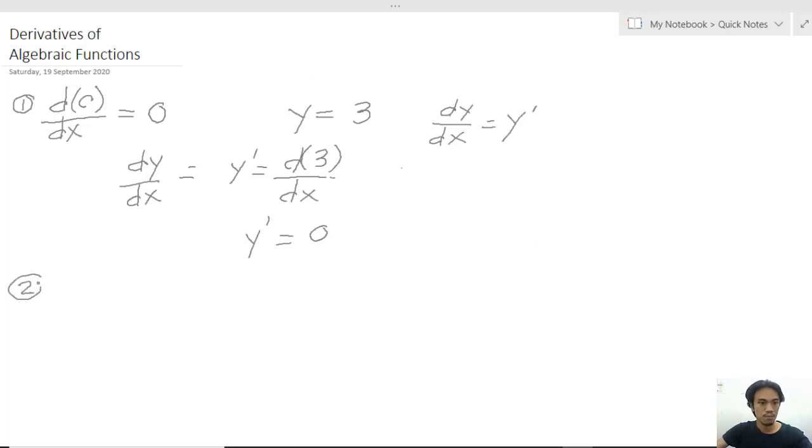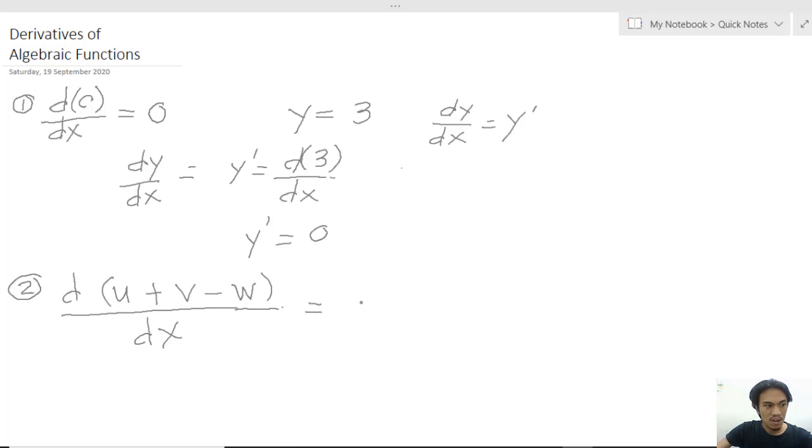Number 2, the derivative of u plus v minus w with respect to x. Take note that u, v, and w here are different functions. So, similar with the limits, we can equate this to the derivative of u with respect to x.